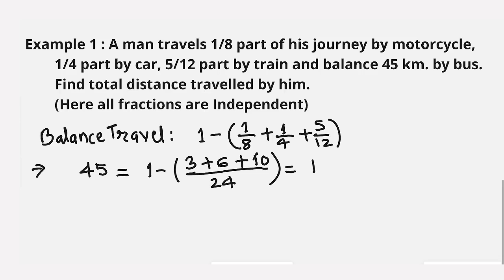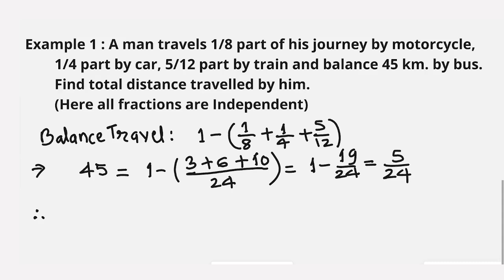This is equal to 1 minus 3 plus 6 is 9 plus 10 is 19, which is 19 upon 24, and that is 24 minus 19 upon 24, which is 5 upon 24.